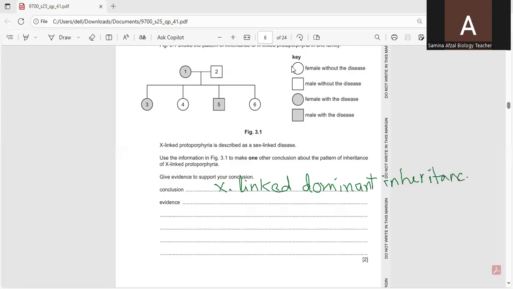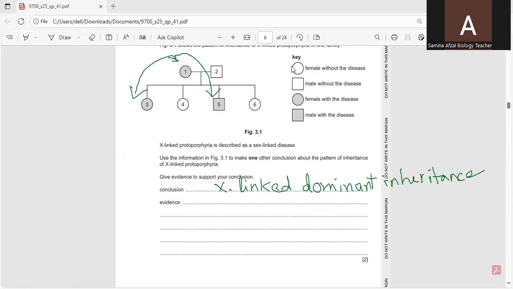It is X-linked because it is on the X chromosome. How can we say that? You can see the mother at number 1 is affected with the disease, and number 3, the daughter, also has the disease. Number 5, the son, has the disease.